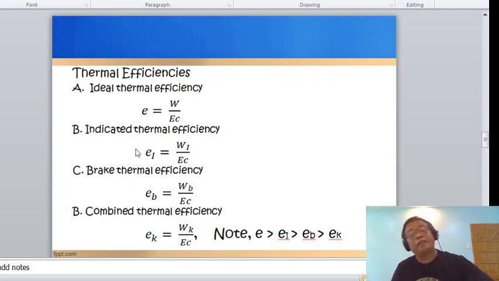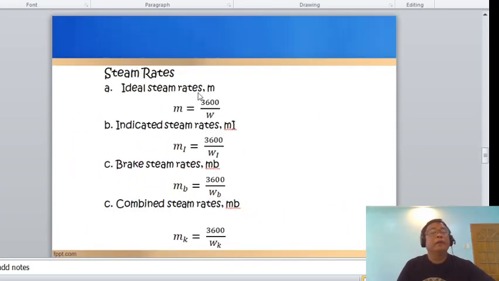Take note, class, that the ideal thermal efficiency is greater than the indicated thermal efficiency, greater than the brake thermal efficiency, and then greater than the combined thermal efficiency.